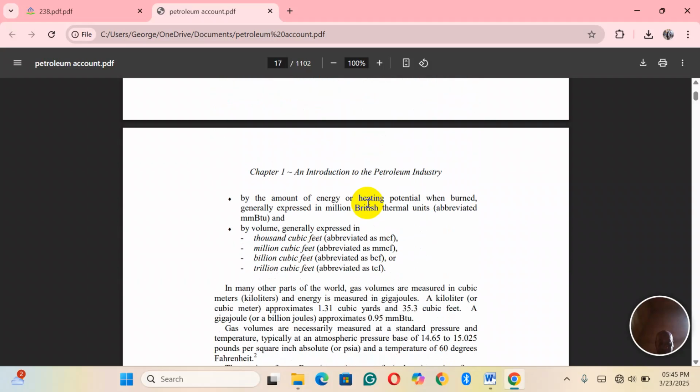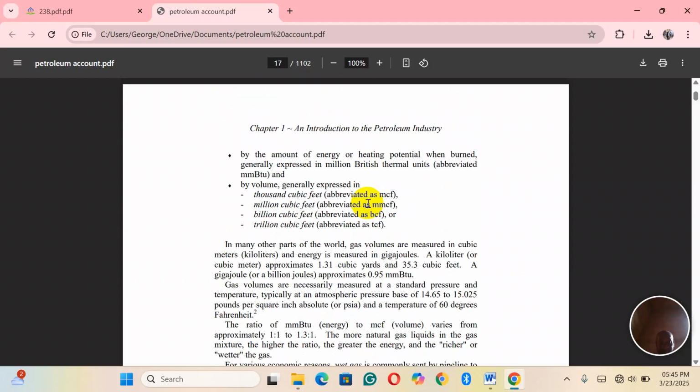Natural gas is measured by the amount of energy or heating potential when burned, generally expressed in million British thermal units, abbreviated MMBTU, and also by volume, generally expressed in thousand cubic feet, abbreviated MCF, then million cubic feet, abbreviated MMCF, then billion cubic feet, abbreviated BCF, or trillion cubic feet, abbreviated TCF.